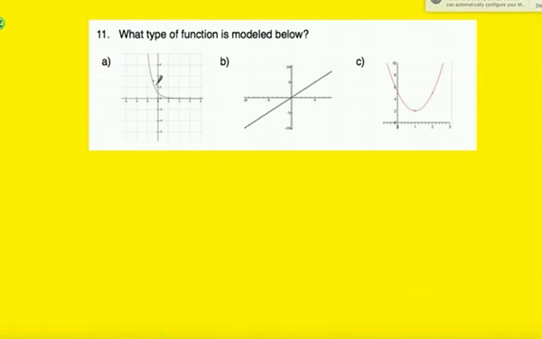And because it doesn't wrap all the way around, we can eliminate a quadratic function. So this is an example of exponentials. And particularly, it's exponential decay because the value is getting smaller as time goes on. So this is exponential decay.